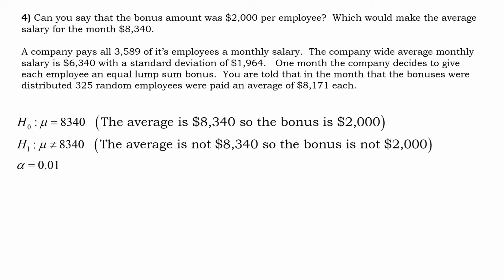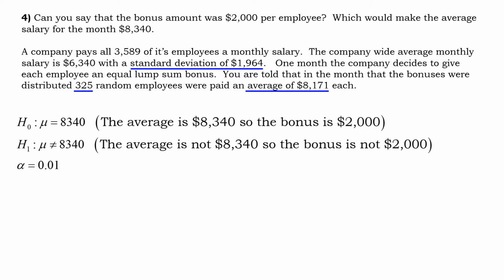Okay, so we have an average and standard deviation of the company in a normal month. And then we have a sample of 325 employees in the bonus month, and their average, so their X bar, was $8,171.